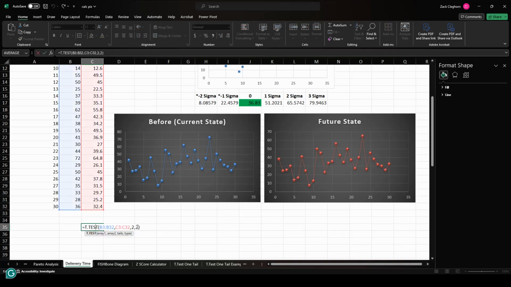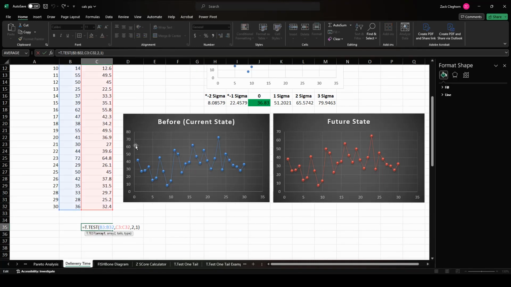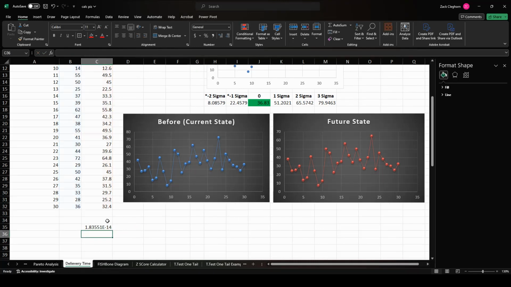No, it would definitely be paired, because it's both paired. So if I look at that, is that higher than 5% or lower than 5%?